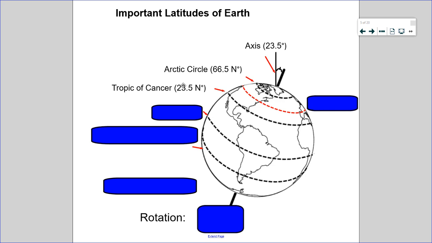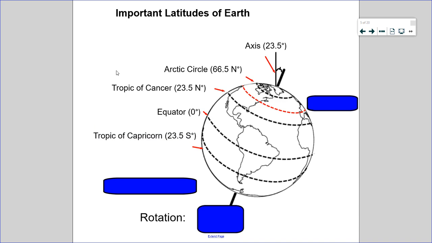It is not a coincidence that this latitude is 23.5 and the tilt of our planet is 23.5, but we'll get into that connection in a couple of days. This line down here, everyone should be familiar with. That cuts right through the center of our planet, which is our equator at 0 degrees. The line below that is our Tropic of Capricorn, which is 23.5 degrees south. Again, there's a connection between this latitude and our tilt.